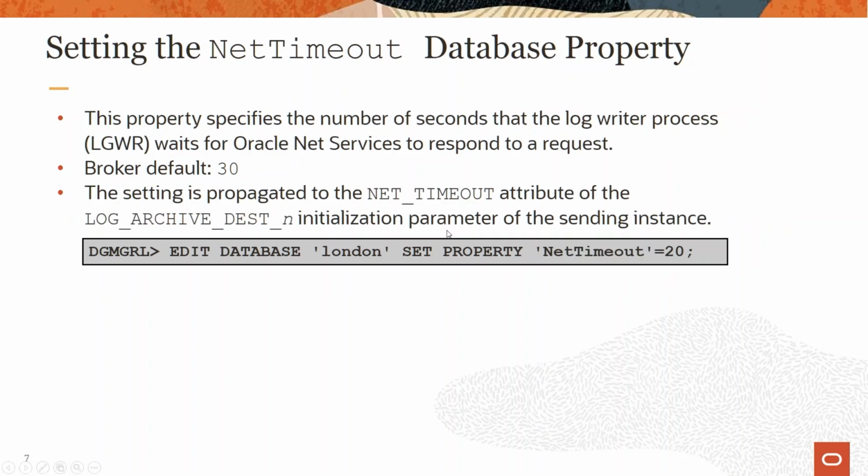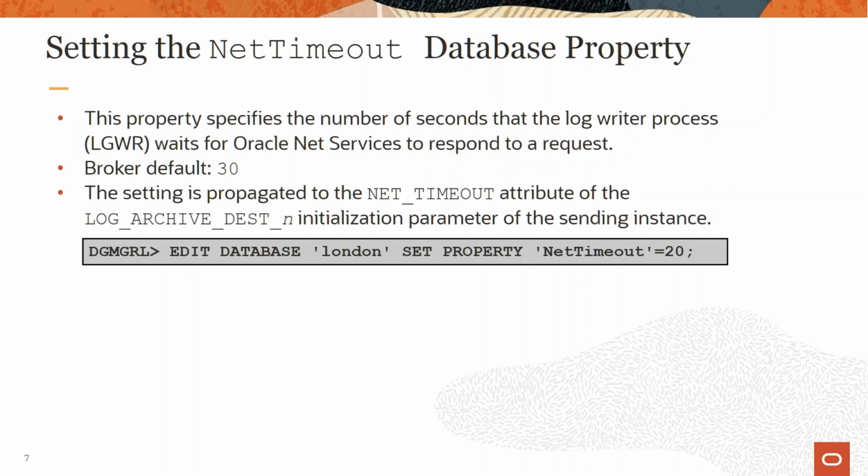And also, in your given network configuration, what is the accepted network latency and delay? In this case, for NetTimeout, by default, we can wait for 30 seconds. As long as members of a Data Guard configuration can communicate within 30 seconds, then we will consider all members available in the Data Guard environment.